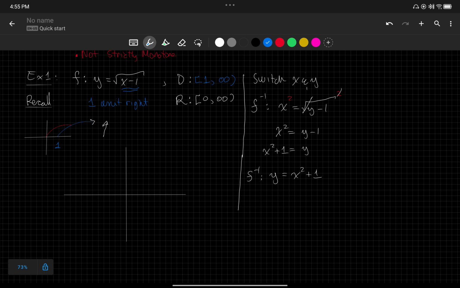So because of the plus, this parabola is shifted 1 unit up. So then it's going to be at 1. So let's see a different color. Let's go with green. So let's say this is 1. Then my parabola should look something like this.